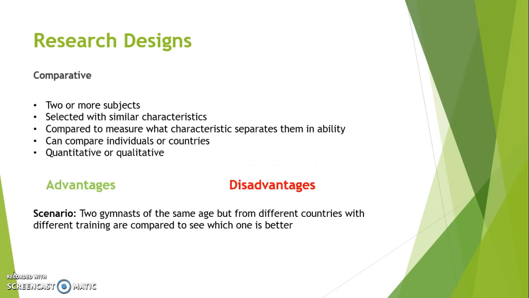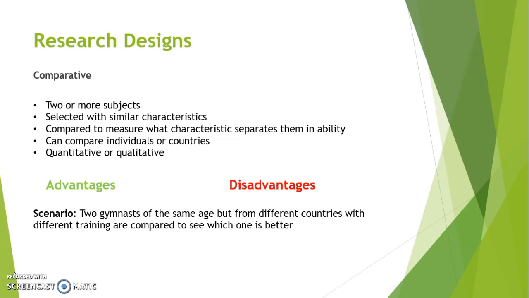Moving on to comparative data. Comparative data is done by taking two or possibly more subjects that are selected with similar characteristics. However, there are going to be slight differences.